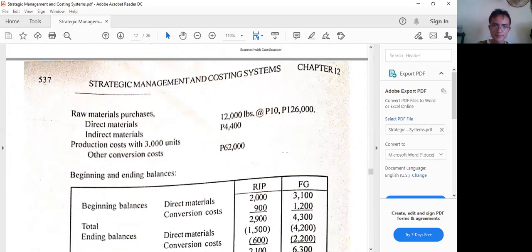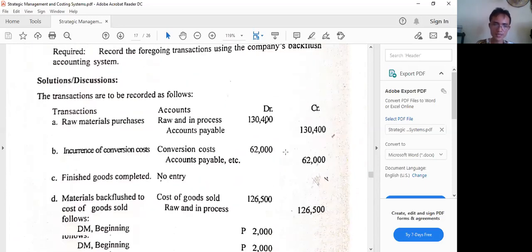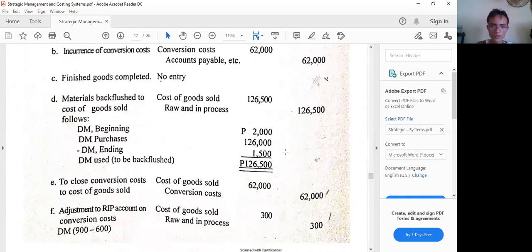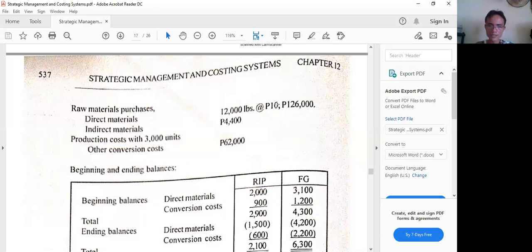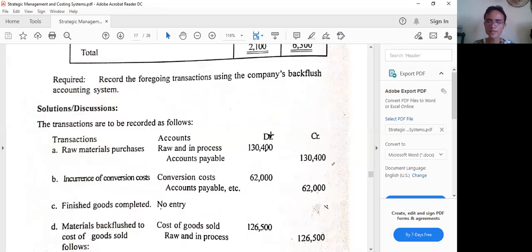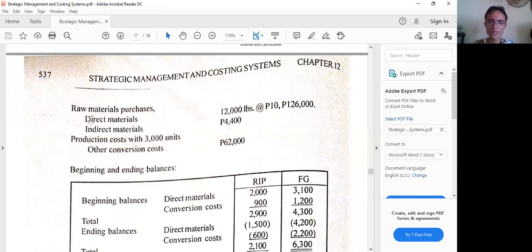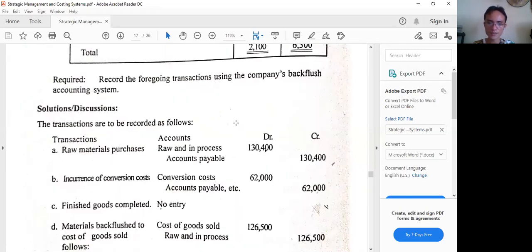But then we have here the journal entries. In this particular case, if you're wondering how this amount is computed, that is basically just direct materials and indirect materials added. All right, so that's how you got this raw and in-process account.